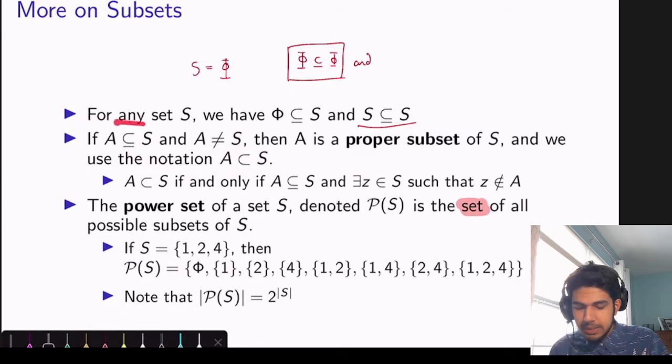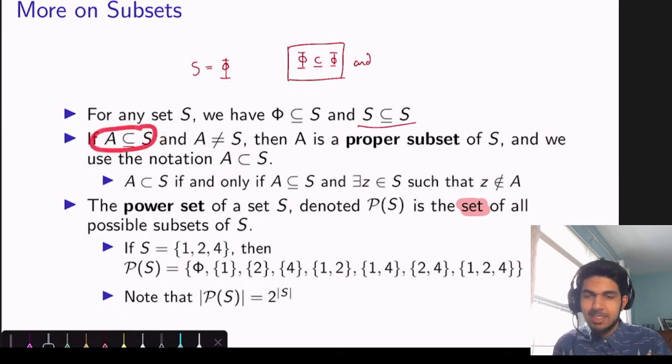So when we use this, A subset of S, this does not mean that A has to equal S. It's just not as strict of a symbol as this one is. So that's the difference.